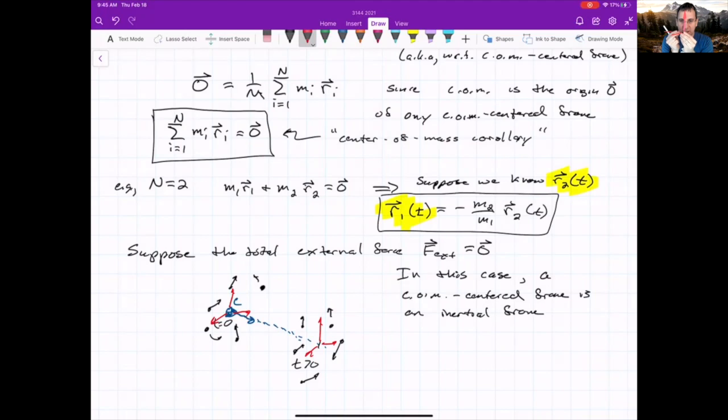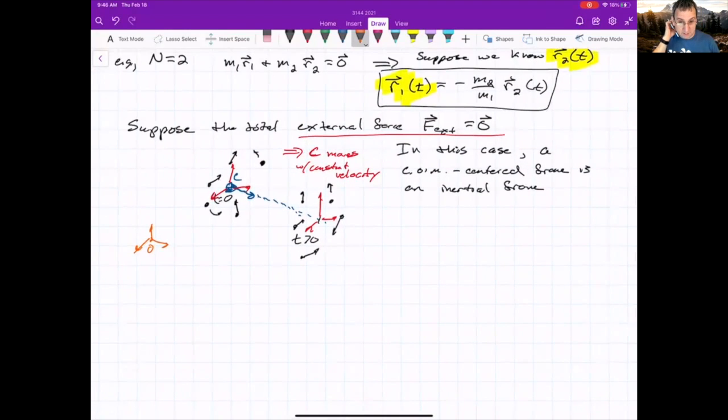So we could look at the dynamics with respect to the center of mass and do Newton's law in a center of mass centered frame. That's only true if the total external force is 0, because that means the center of mass, C, moves with constant velocity with respect to some other inertial frame. But it means you can jump onto the center of mass and view what the particles are doing with respect to the center of mass and write Newton's laws in it.